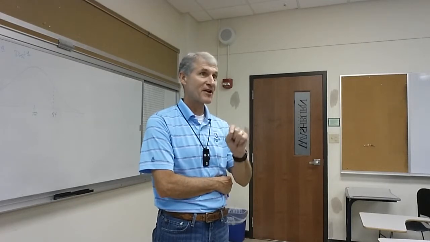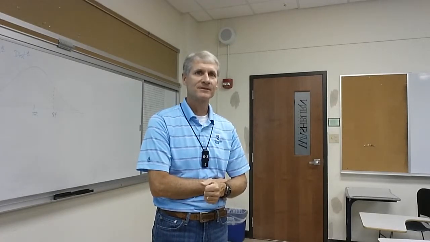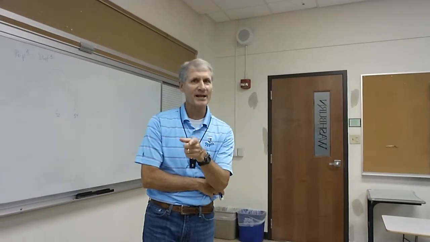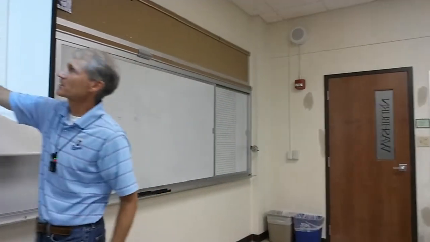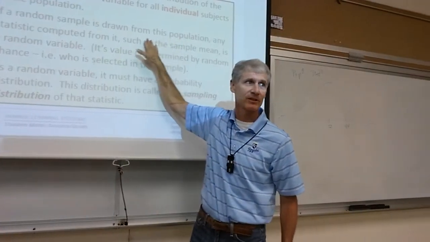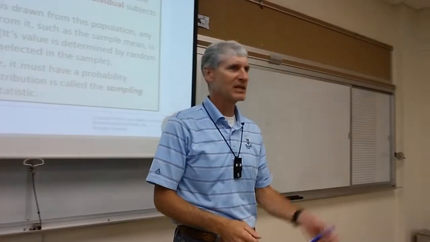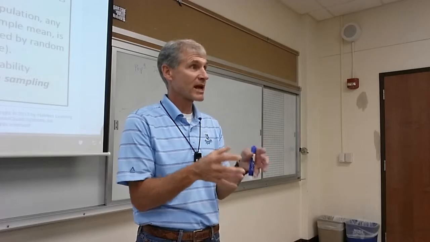Now, is that variability random? Yes. What makes it random? Because everybody has different heart rates. Okay, and what makes it random? We all pick different people. You all pick different people. So the randomness comes in right here. If a random sample is drawn from the population, then any statistic, the mean, the proportion of smokers, the standard deviation, any statistic that you can compute is then a random variable because it comes from a random sample.